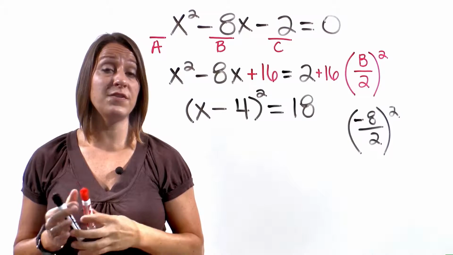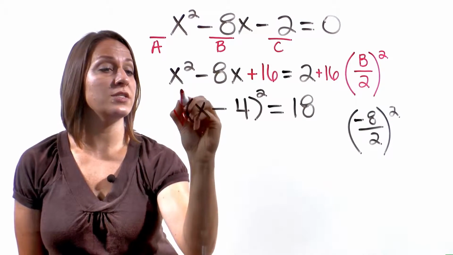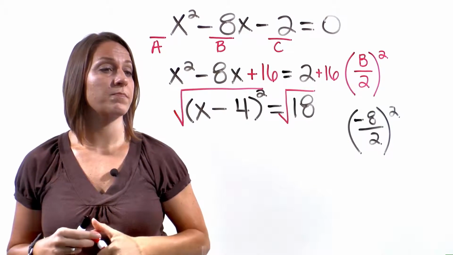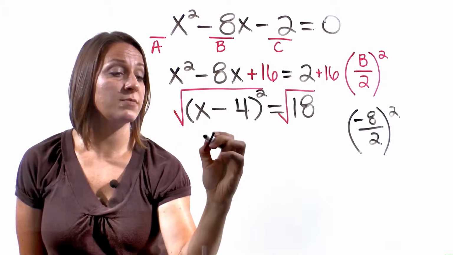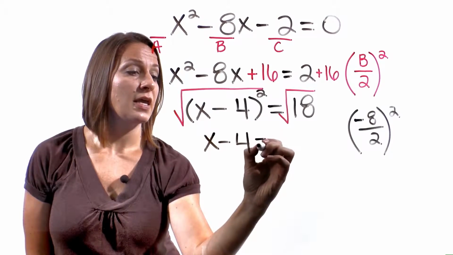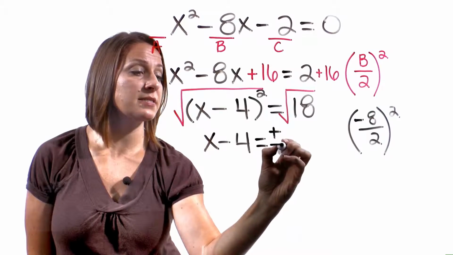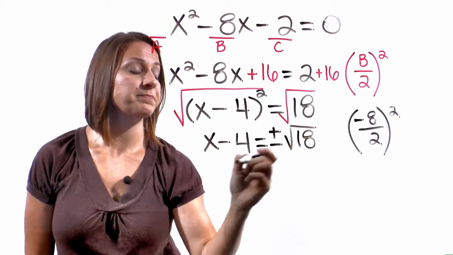Now we're ready to finish this problem using the square root property. We'll take the square root of both sides. Over here, we have x minus 4. And over here, we have plus or minus square root of 18.